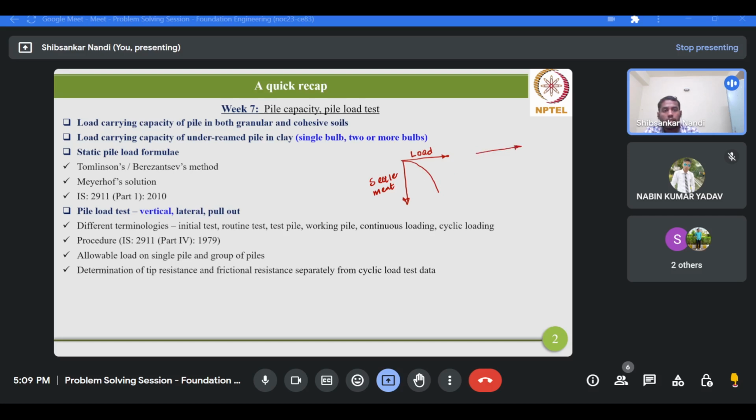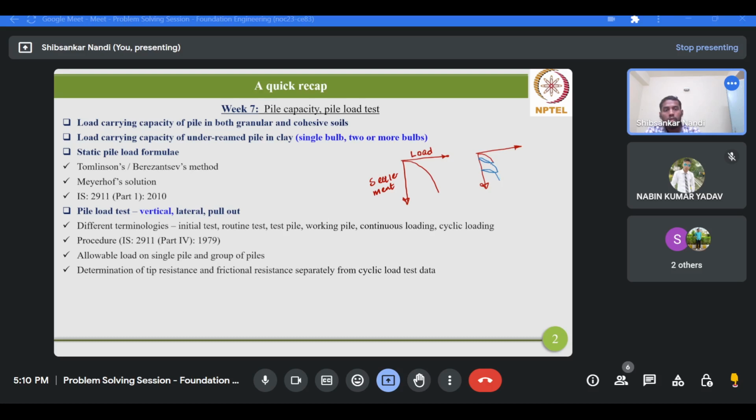Whereas in the second scenario, for cyclic loading, your load is first increased to some level, then it's released, then again increased to some higher level as compared to the previous one, then released, and it proceeds in this fashion.